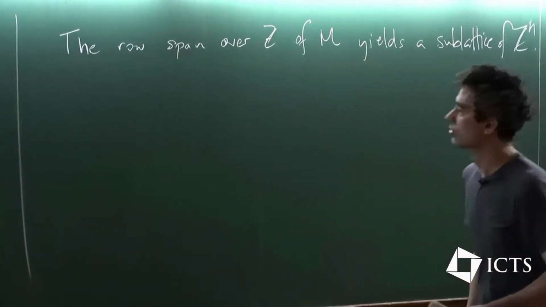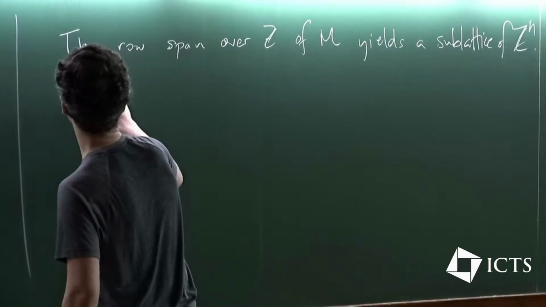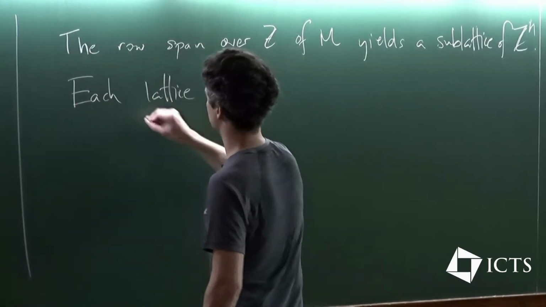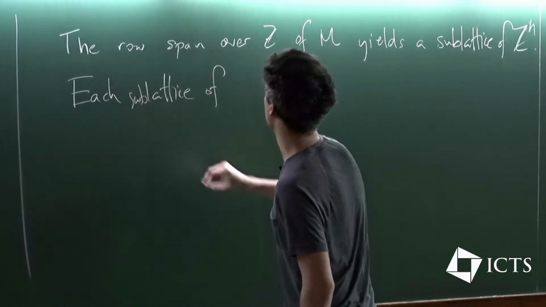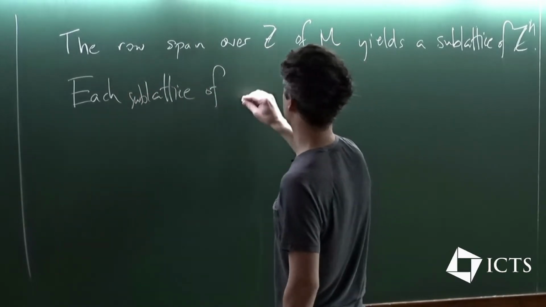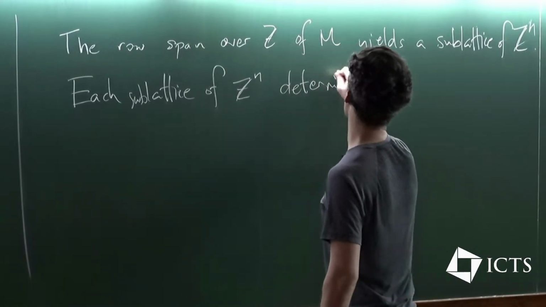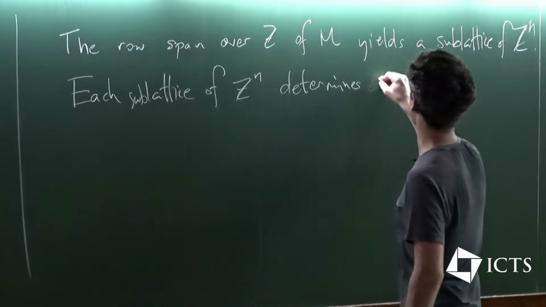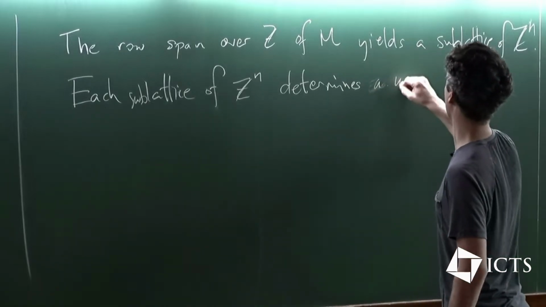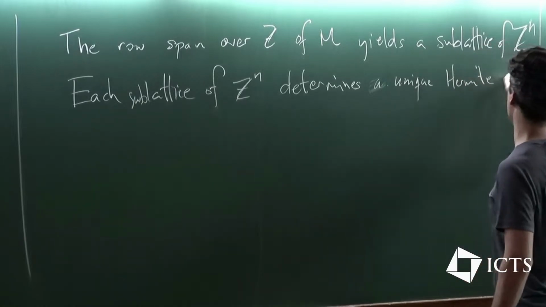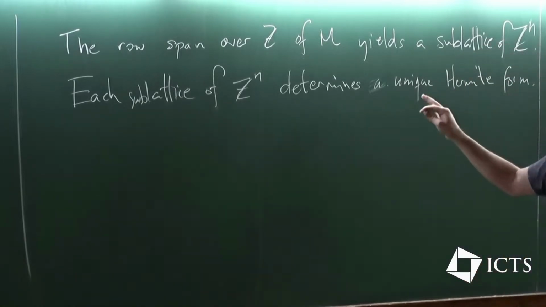So each sublattice of Z to the n determines a unique Hermite form, after some choices have been made.